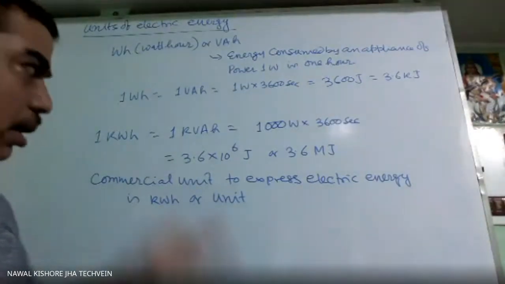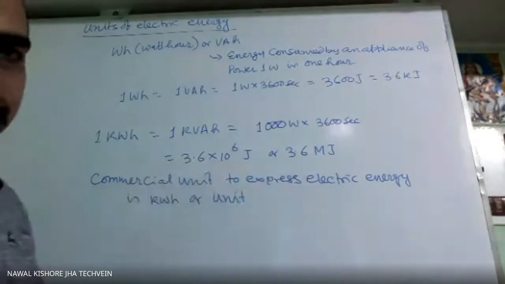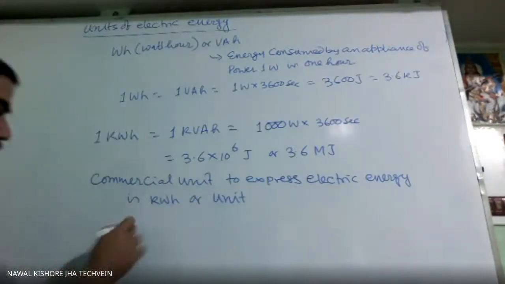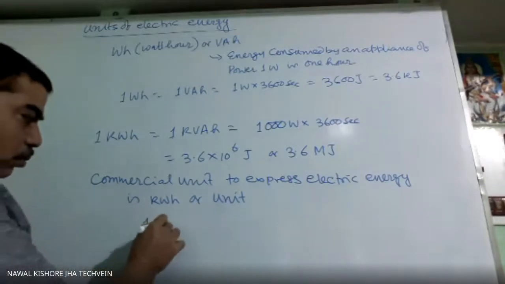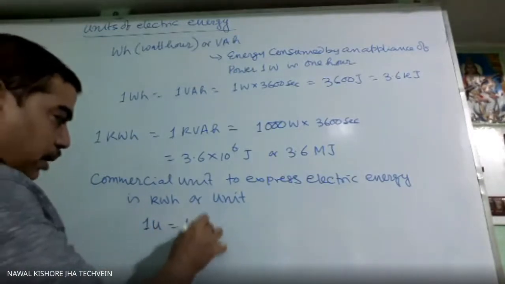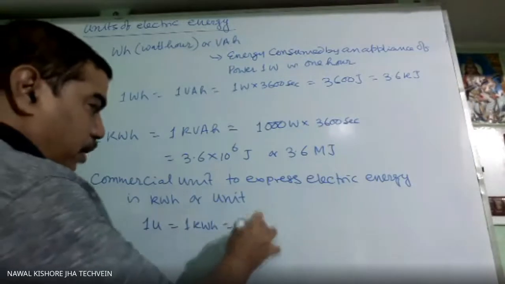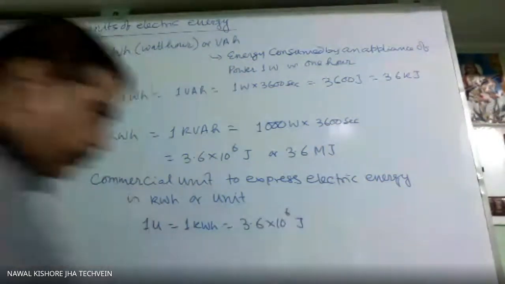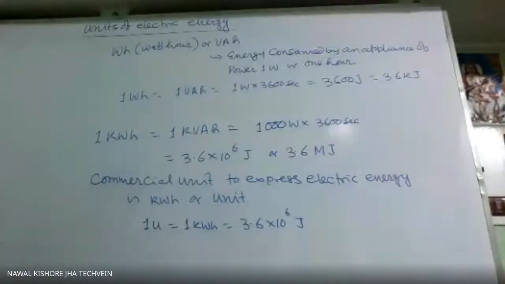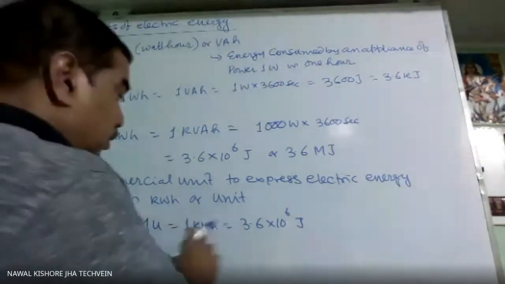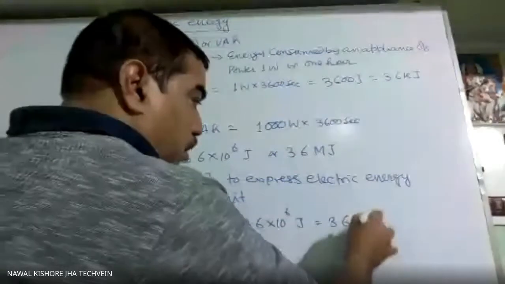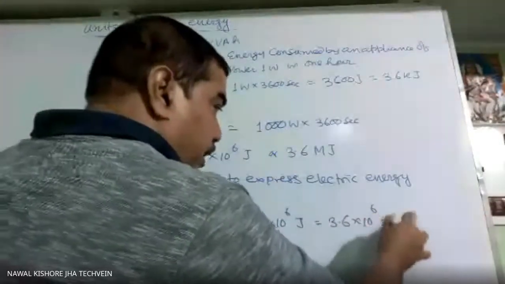So that is how energy is expressed. 1 unit means 1 kilowatt hour, and that is 3.6 into 10 to the power 6 joule, or 3.6 into 10 to the power 6 VAS.